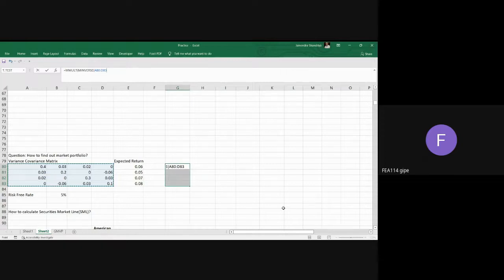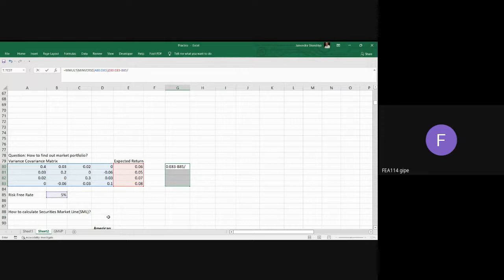So yeah, I'm calculating the market portfolio, assuming that the risk-free rate is 5%. So here what happens is I create the inverse of this matrix, and from here I subtract this risk-free rate, and then because this will just give me a ratio, I need to do this sum again.